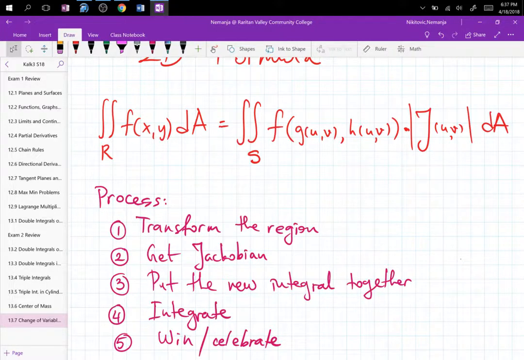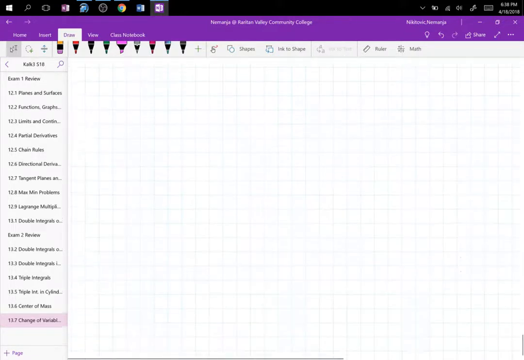This mess over here tells you to take the old function you have, replace every x with whatever those are with u and v, replace every y with whatever those are, because this is f of x, y. So every x is replaced with a function of u and v, and in our case with just 2u. And every y is replaced with a function of u and v, whatever it was. So that's what I got at the end.